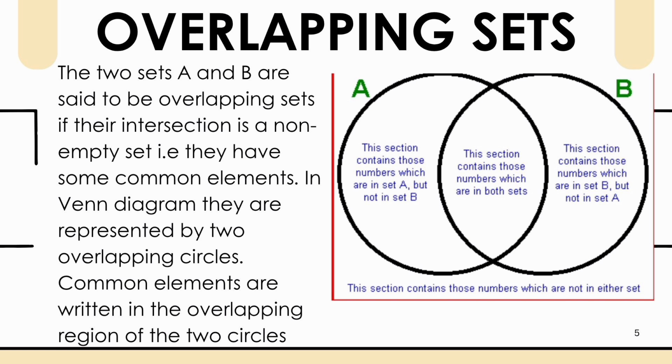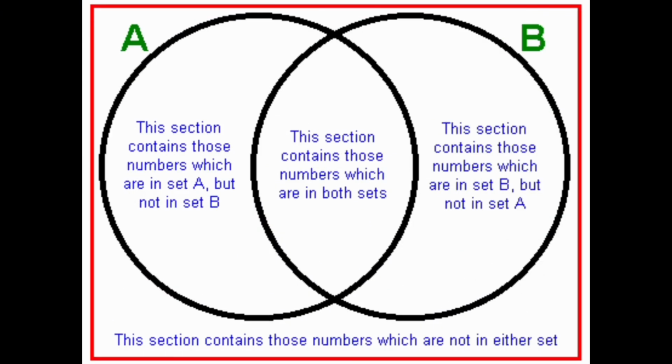In Venn diagram, they are represented by two overlapping circles. Common elements are written in the overlapping region of the two circles. It is clear from the diagram. You can see that the two sets A and B are overlapping sets and they are represented by two overlapping circles. Here you can see the diagram clearly.